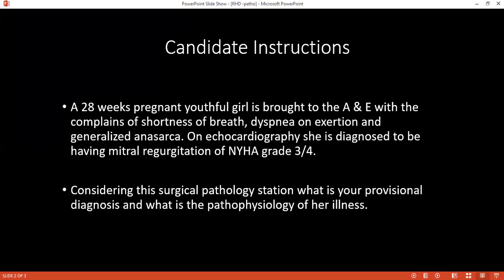Broadly, if you divide it into gross findings and microscopic findings, first we'll come to gross findings. What would you see in the acute phase and then in the chronic phase? And how would you confirm your diagnosis? What investigations would you go for? Okay.